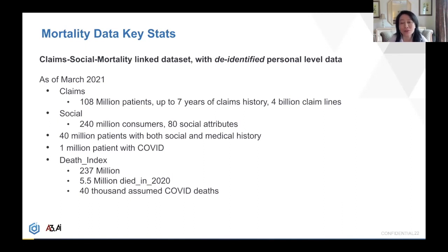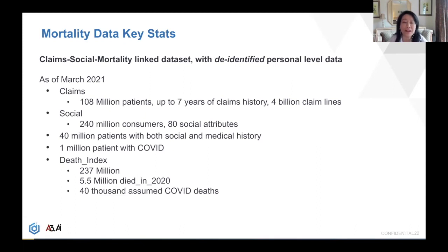Now, when intersecting this data set with mortality data, which, to Claire's point, is about 80% of US deaths in the last however many years, there are about 237 million people in the death index that we have access to in this linked set.